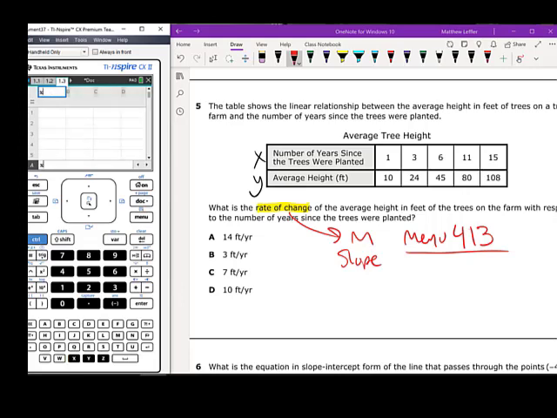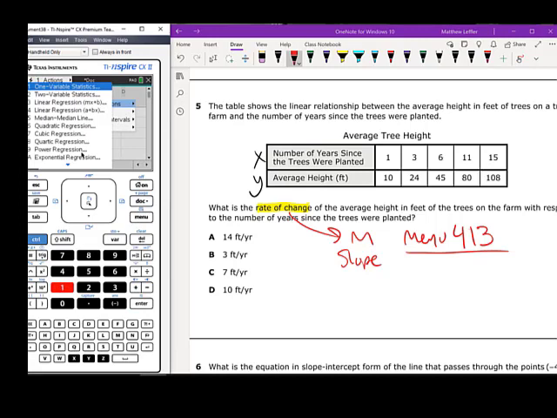If it says error, that means you need to clean out your calculator. From the home screen, press 1 and then hit no. Menu 4-1-3, 3 says linear regression, mx plus b.